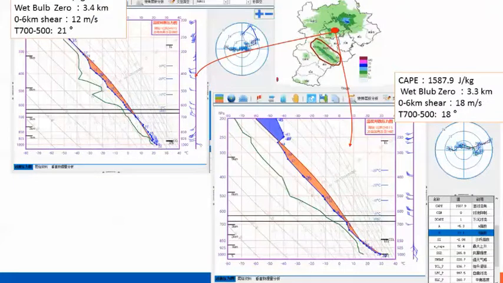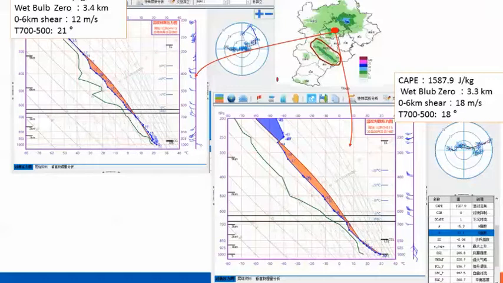Looking at the sounding of Beijing at 14 o'clock CST, which is a real sounding, it indicates CAPE is greater than 1500 joule per kilogram. The level of wet bulb temperature zero is reduced, and the surface to 6 kilometer shear is growing to 18 meters per second.